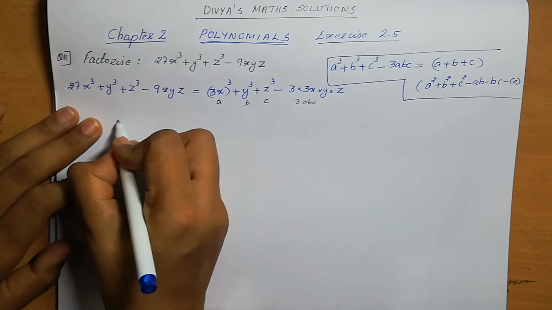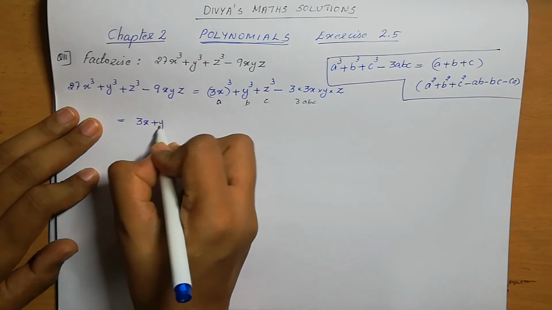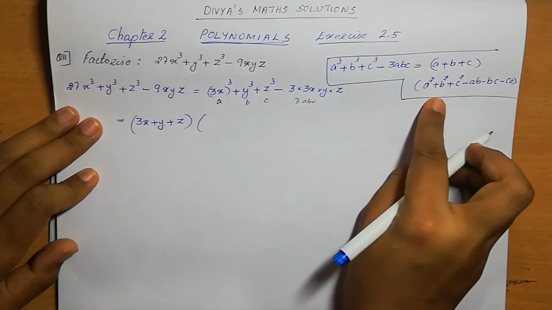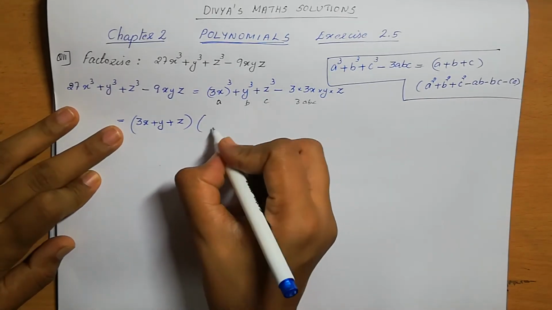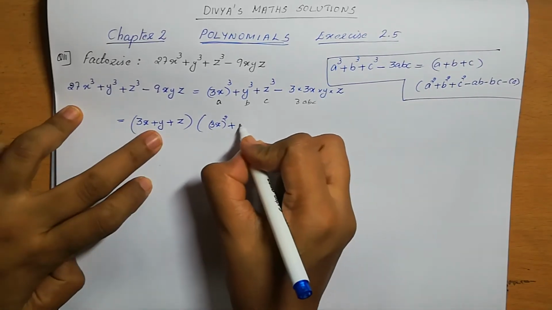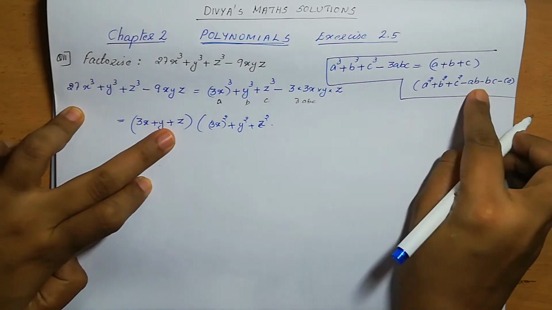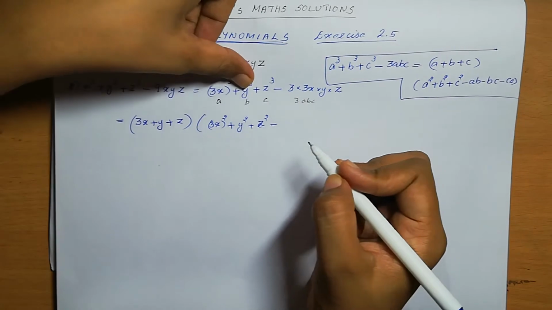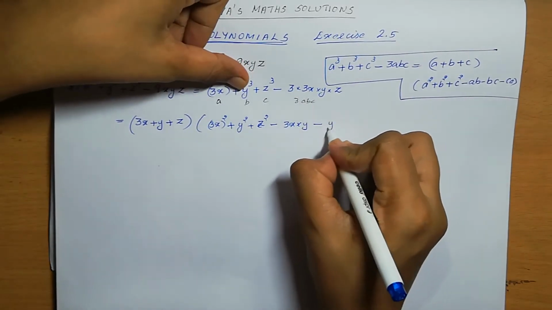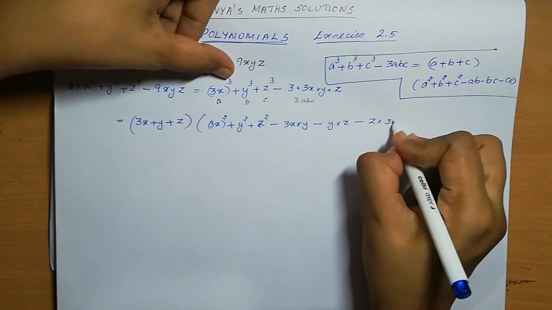So like this here also we are going to write. This is equal to a plus b plus c. Here a means 3x, b is y and c is z. That means 3x plus y plus z into a square, that means 3x the whole square, plus b square means y square, and c square means z square, minus ab, that means 3x into y, minus bc, that means y into z, minus ca, c is z and a is 3x, correct?